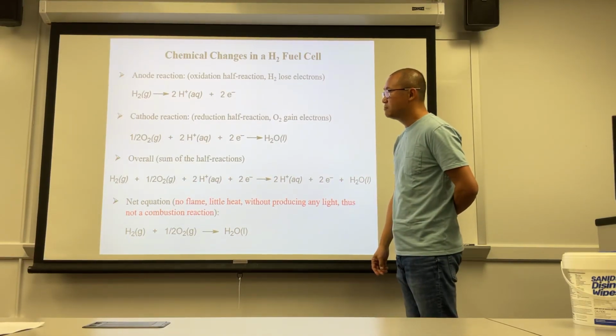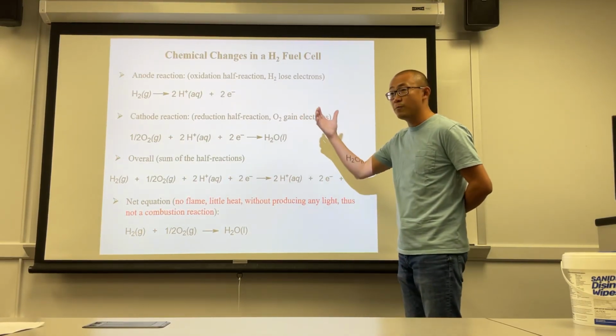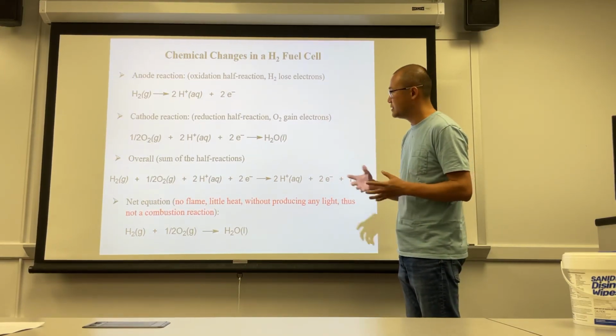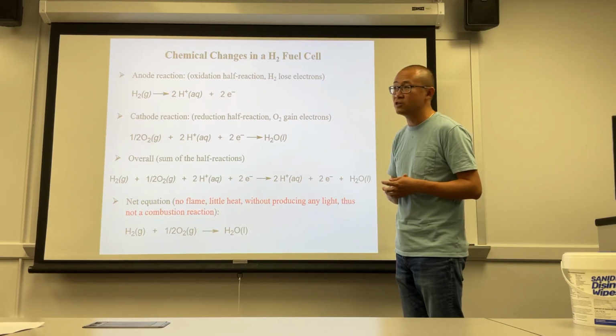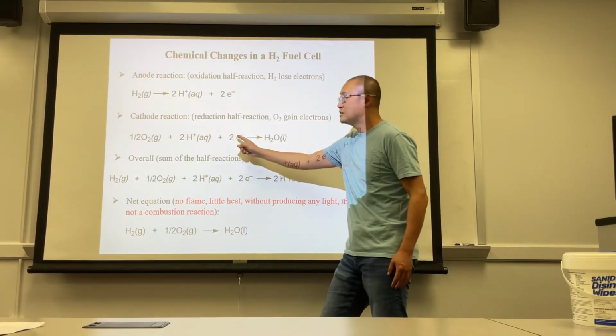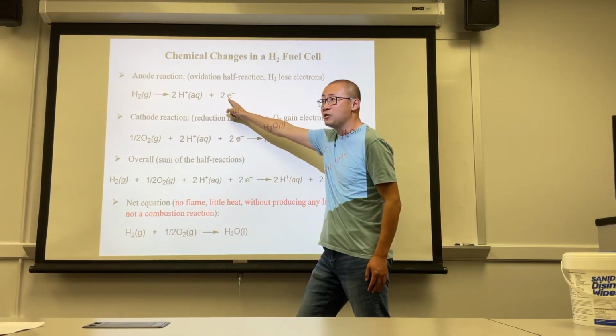Next. On the other hand, if we're burning a fuel in a fuel cell, we also need an oxidant. Like I said, the most commonly used oxidant is just oxygen in the air. So we have oxygen in the air that gains those 2 electrons from hydrogen.